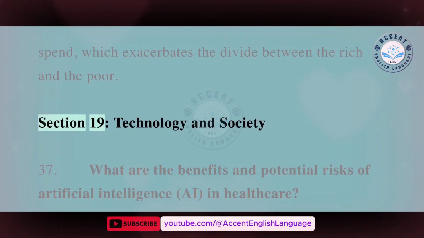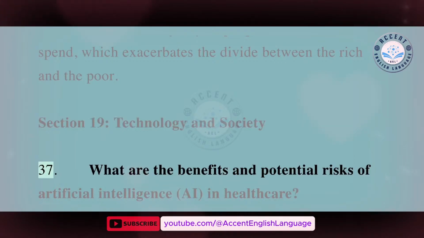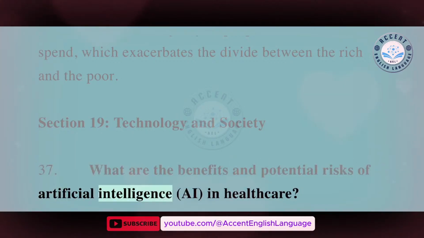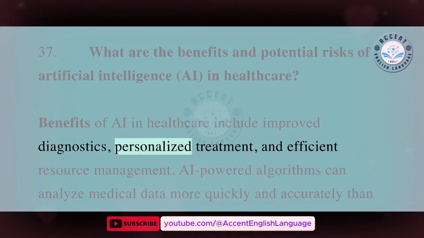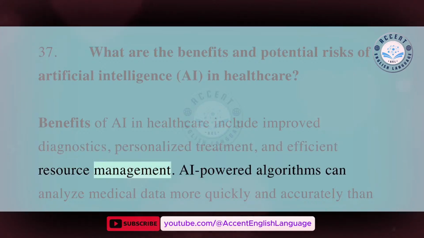Section 19. Technology and Society. 37. What are the benefits and potential risks of artificial intelligence, AI, in healthcare? Benefits of AI in healthcare include improved diagnostics, personalized treatment, and efficient resource management.